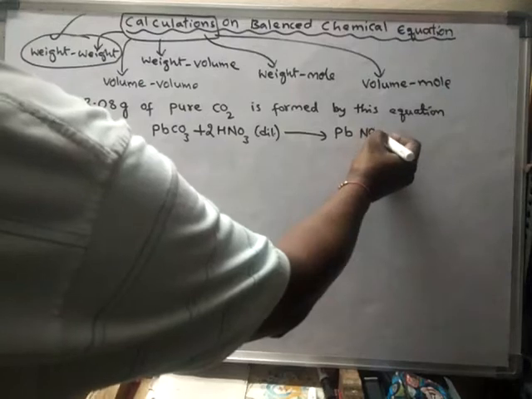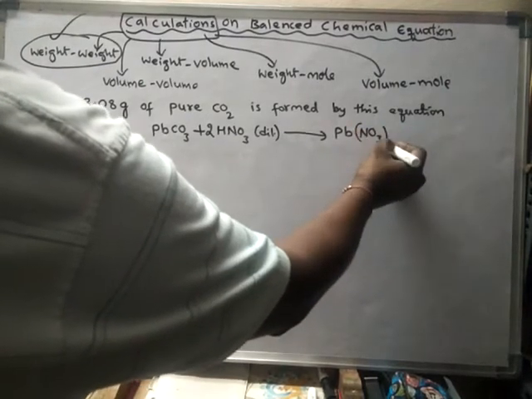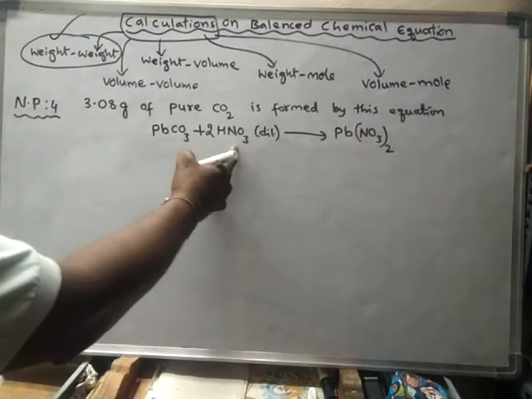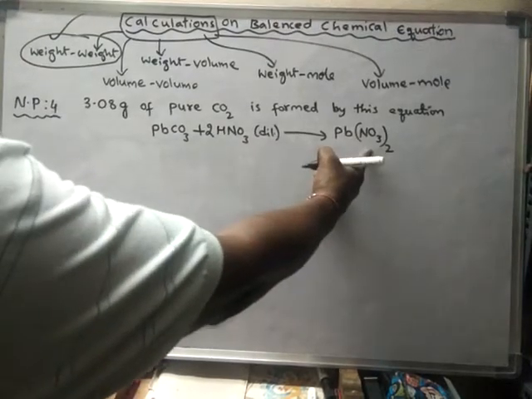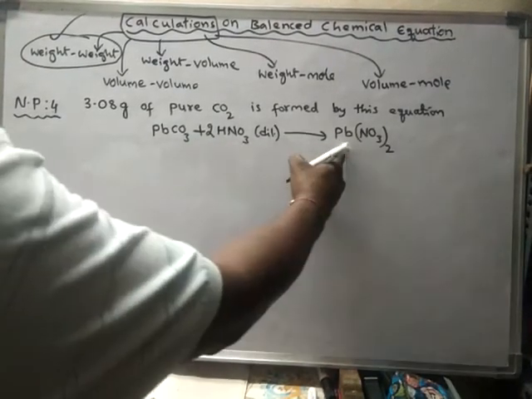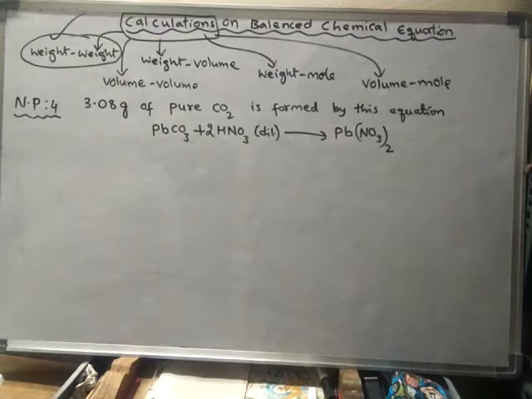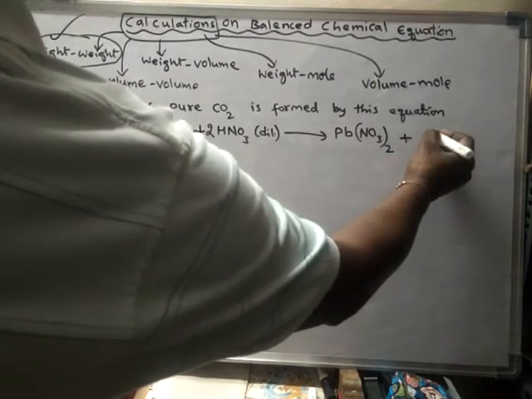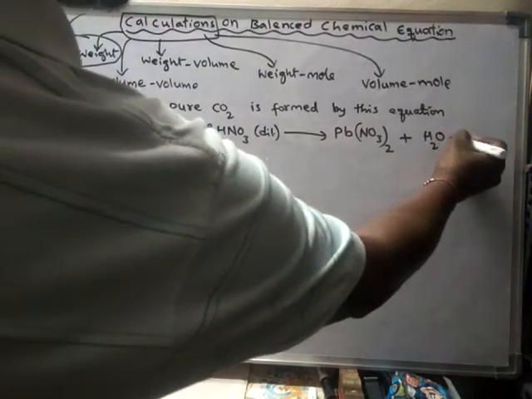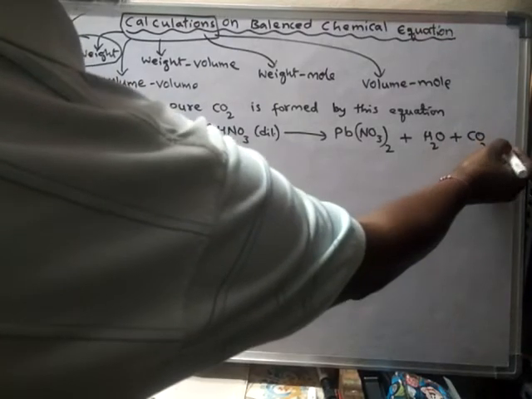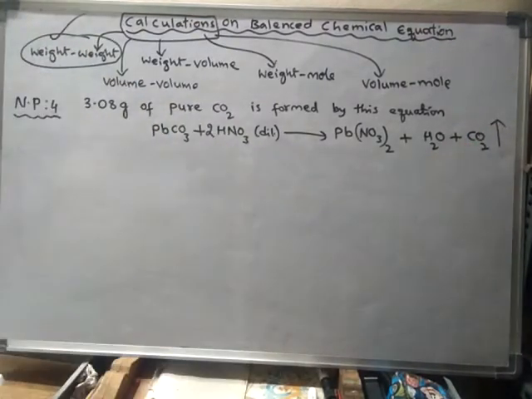Lead nitrate is formed. Suppose if it is sulfuric acid, then we will get lead sulfate. As it is nitric acid, we got lead nitrate. Water and carbon dioxide are liberated along with this. Carbon dioxide gas is liberated.